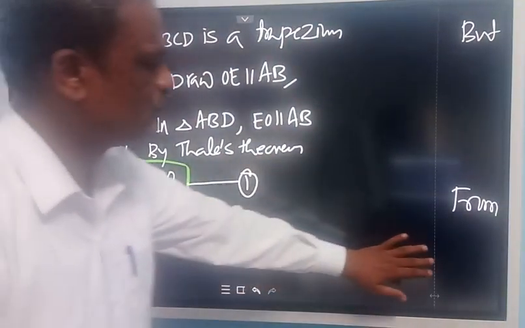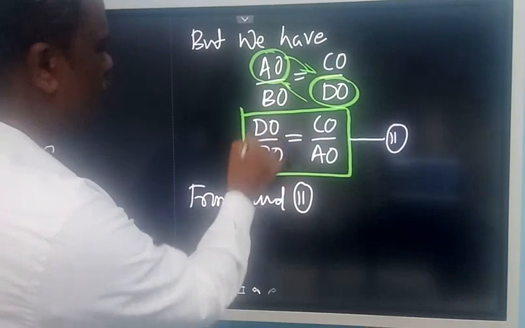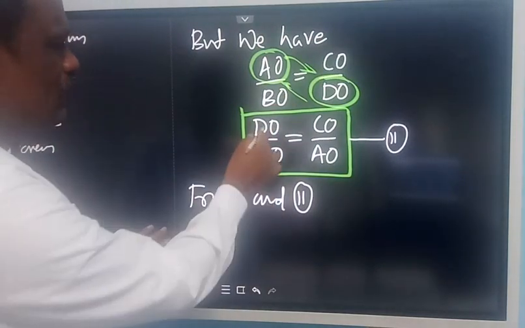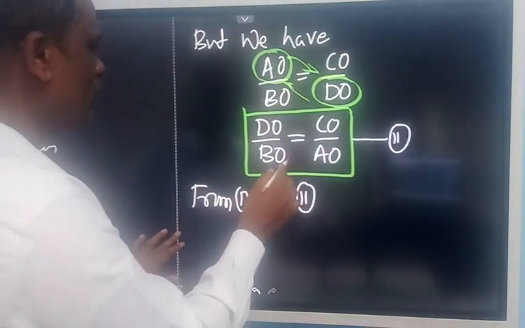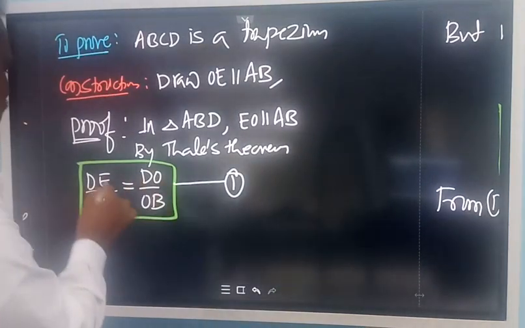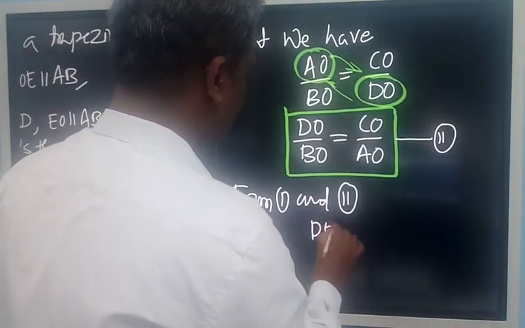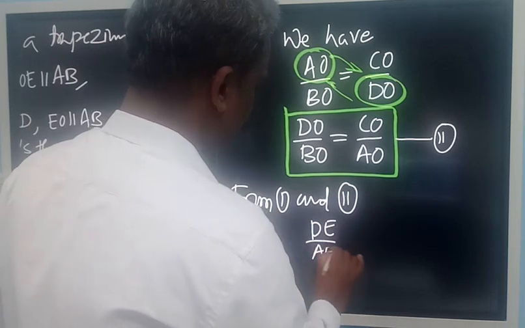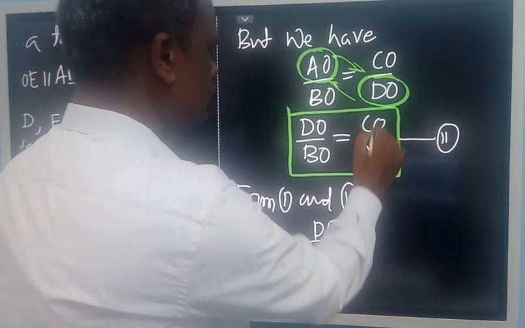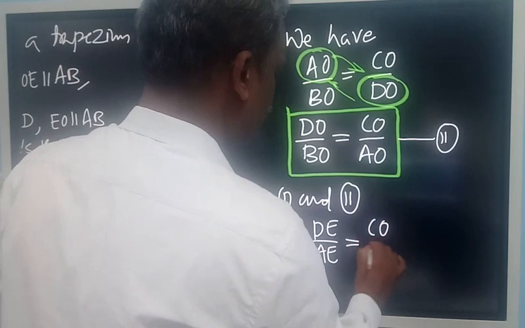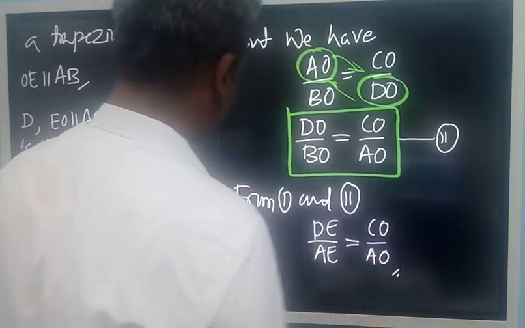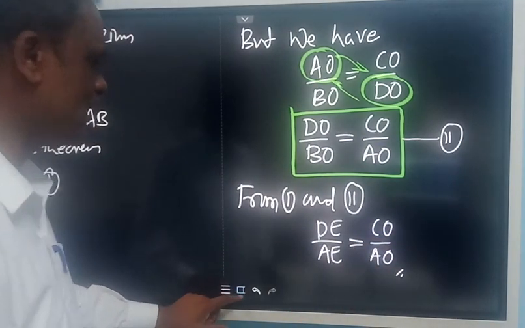DO by OB here, and here also DO by OB. OB or BO is the same, so these sides are equal. Therefore, in place of DO by OB, I can write DE by AE. I can write DE by AE is equal to CO by AO. Now look at the diagram with reference to this.